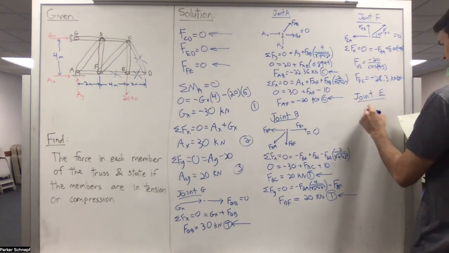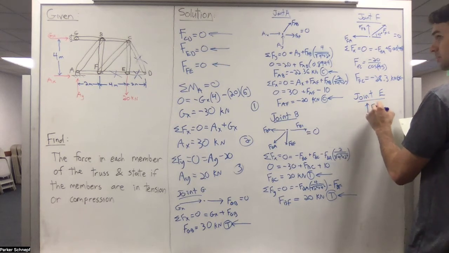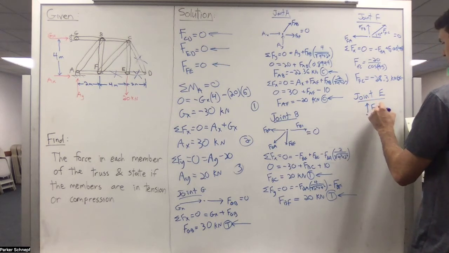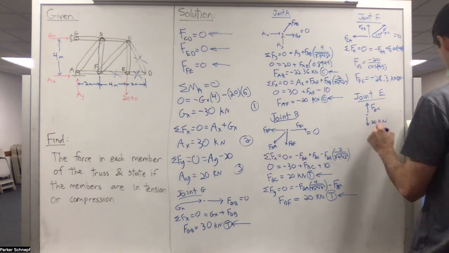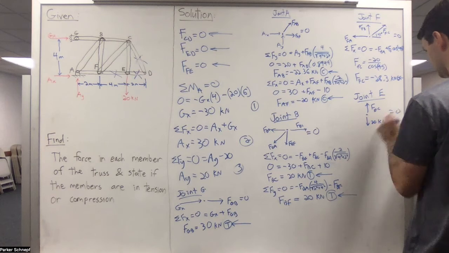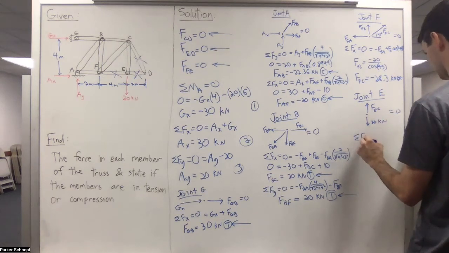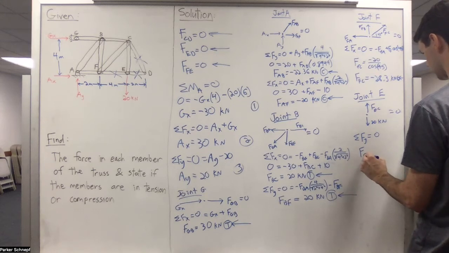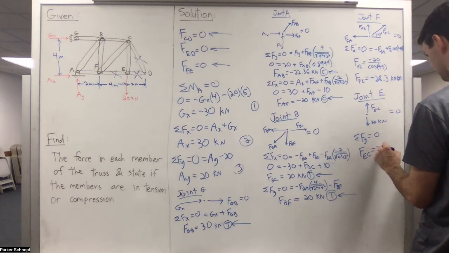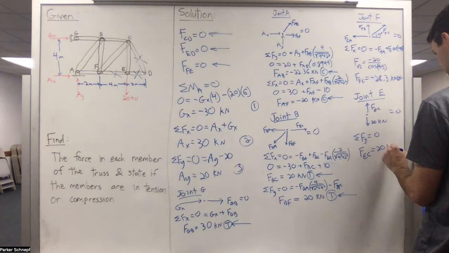That free body diagram just looks like this. Force EC and 20 kilonewtons. We know sum of forces in Y equals 0, and just by inspection, we can say FEC equals positive 20 kilonewtons and is in tension.